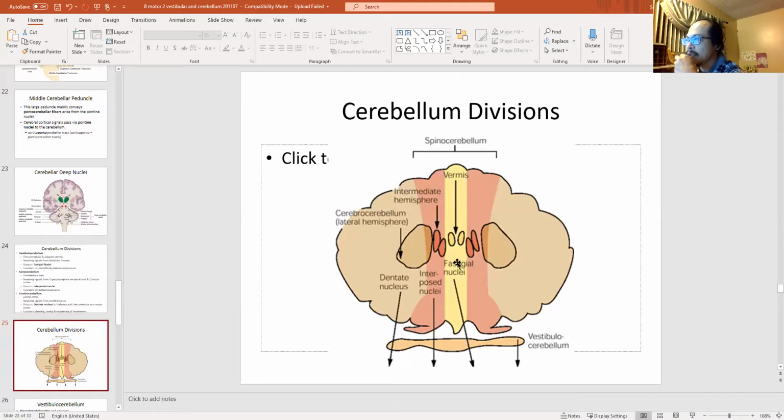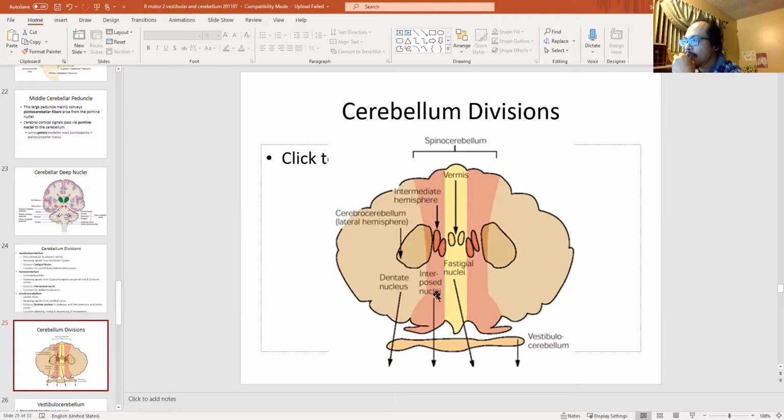This is the flocculonodular lobe and vermis. These are part of the vestibular cerebellum. So the major one is the flocculonodular lobe. Part of the vermis altogether is the vestibular cerebellum.